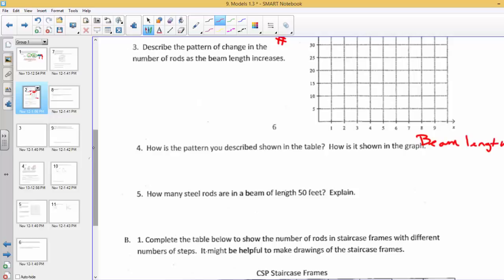Okay, so 1 gives 3, 2 gave 7, 3 gave 11, 4 gave 15, 5 gives 19, 6 gave 23, 7 gave 27, and 8 gave 31.